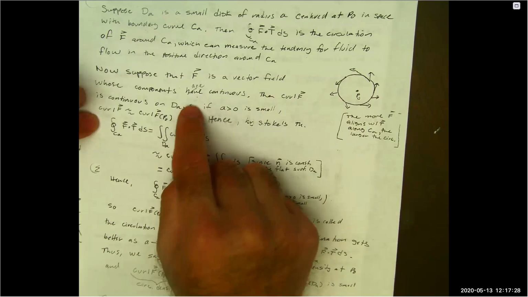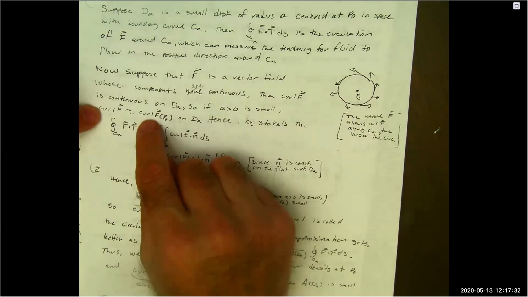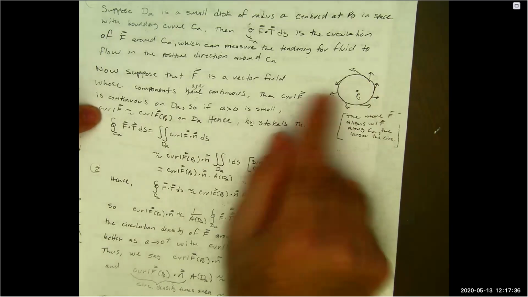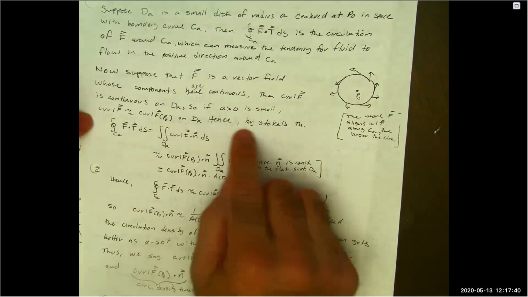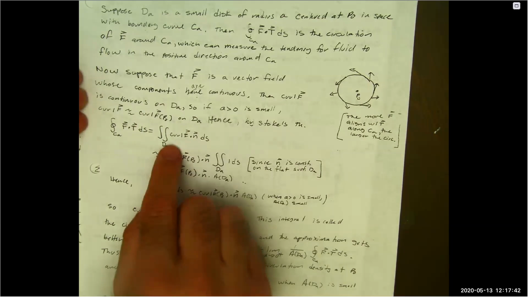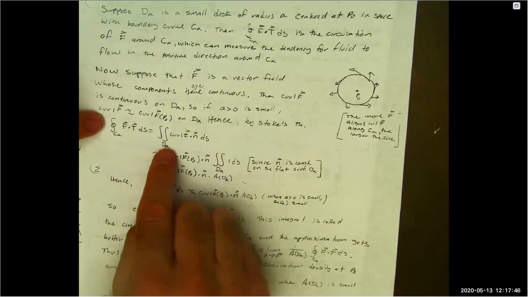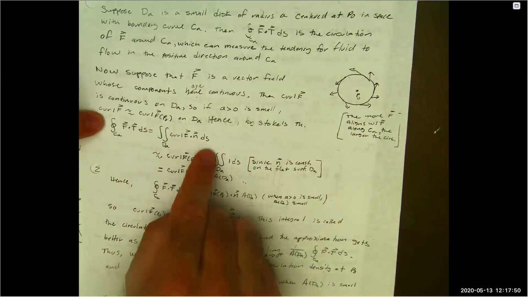That's just because the curl is continuous. If the disk is real small, then the curl will not change that much on this disk. And so by Stokes' theorem, the integral of f dot T ds is going to be the integral of the curl of f dot n dS.